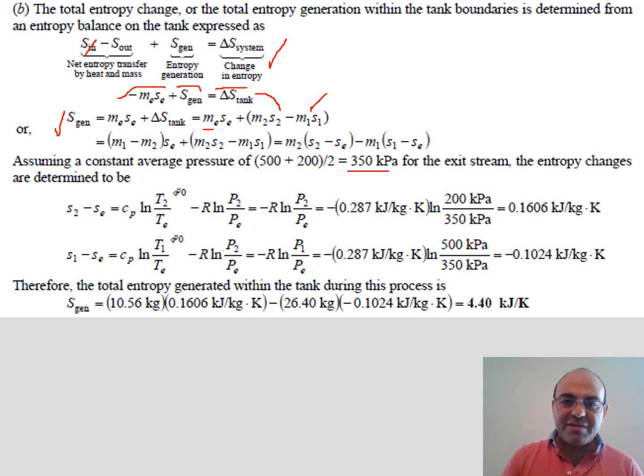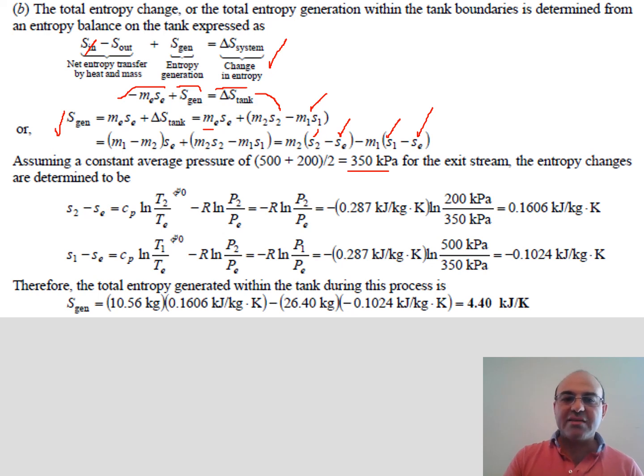If we rearrange them in terms of M2 and M1, then we see M2 times S2 minus Se and M1 times S1 minus Se. So this is like the condition of the air changing from state 1 to the condition of the exit air, and S2 between state 2 and the state of the gas during the exit process.